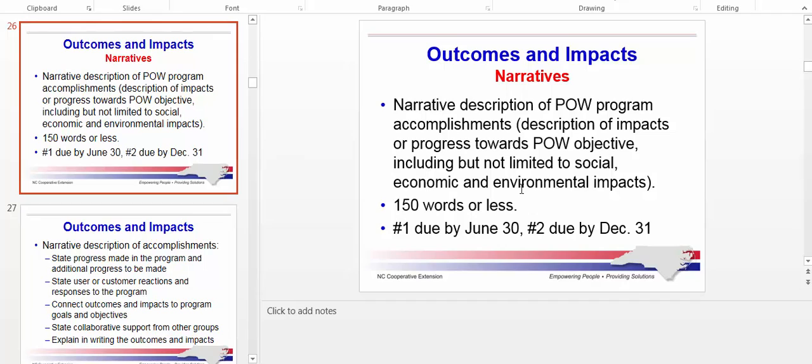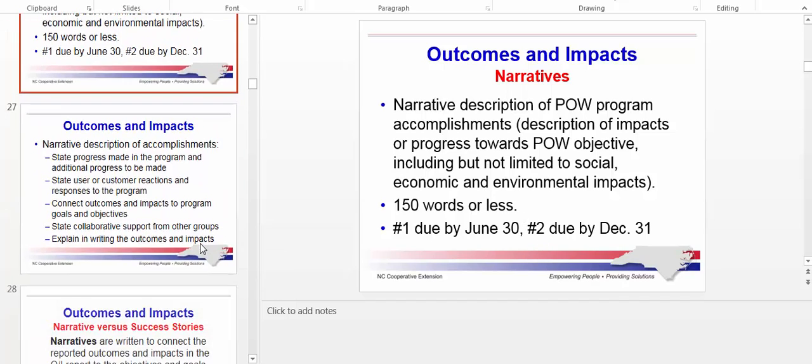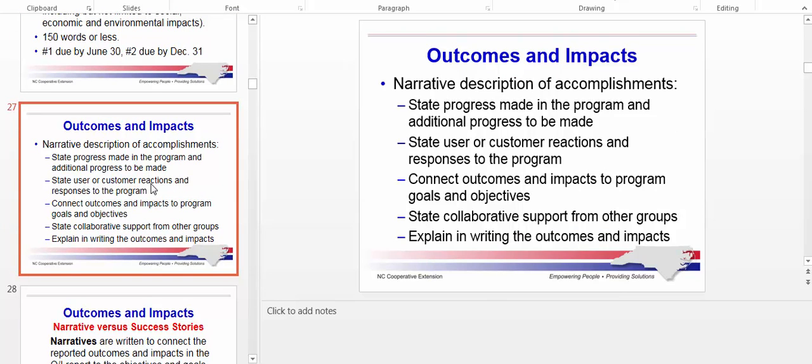And there's what I was telling you about the narratives, 150 words or less, and the first narrative due by June 30th, second narrative due by December 31st. So some of the narrative description, you can state the progress made in the program and additional progress to be made, state user or customer reactions and responses to the program, connect outcomes and impacts to program goals and objectives, and explain in writing the outcomes and impacts.